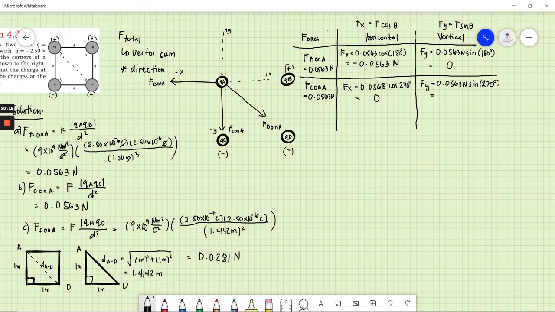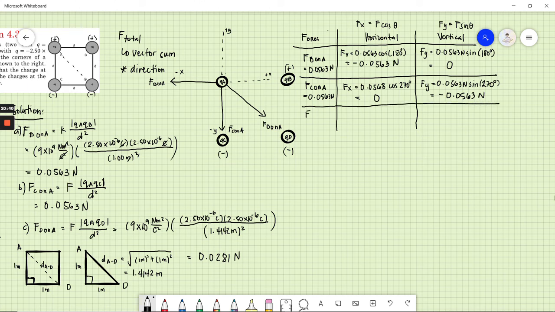So negative 1 multiplied by 0.0563 will give you negative 0.0563 newtons. And this makes sense that this should be negative because it's going directly in the negative y direction. So we managed to find the components for our FB on A and FC on A.